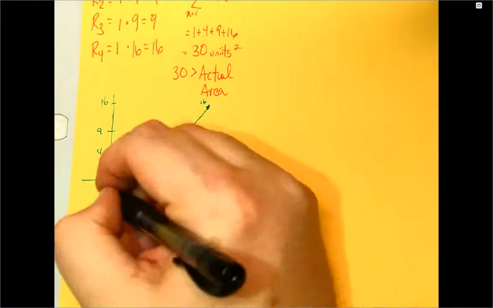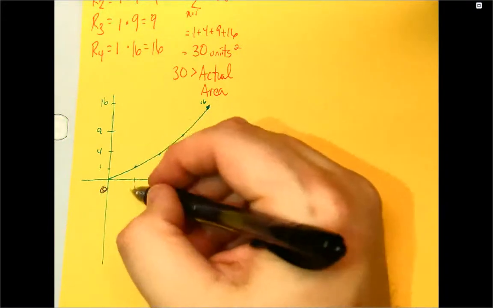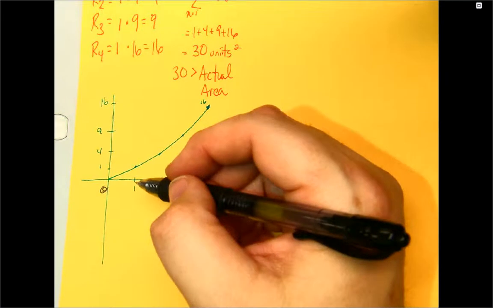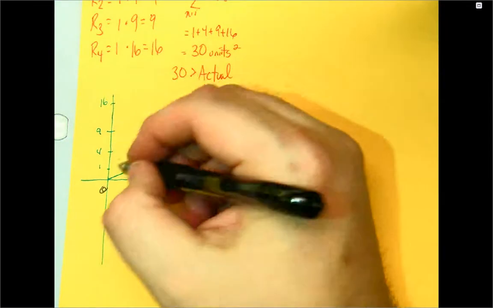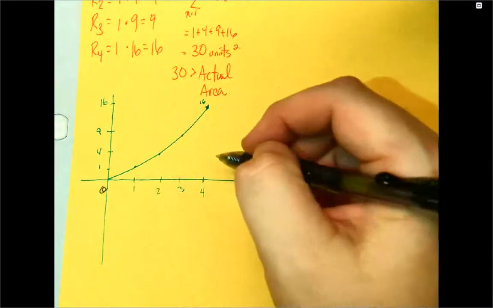We'll do that later. It's not going to be negative. We're still looking for the area underneath the curve, but in one little interval right here.